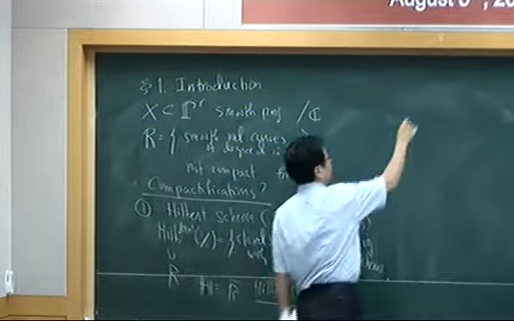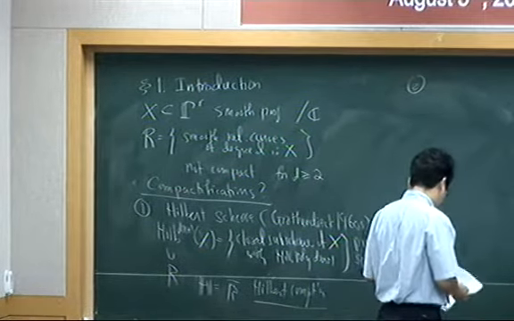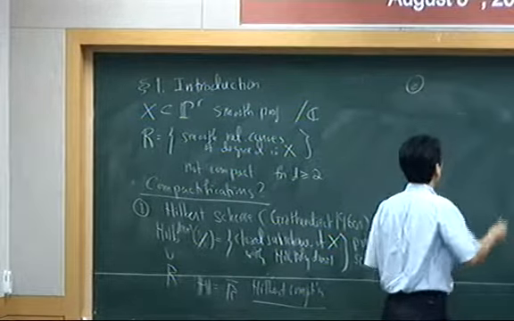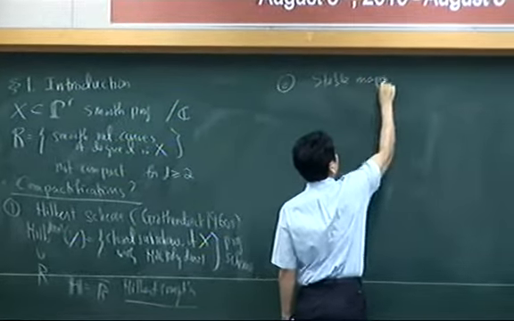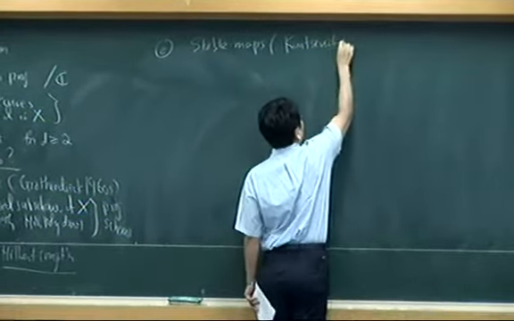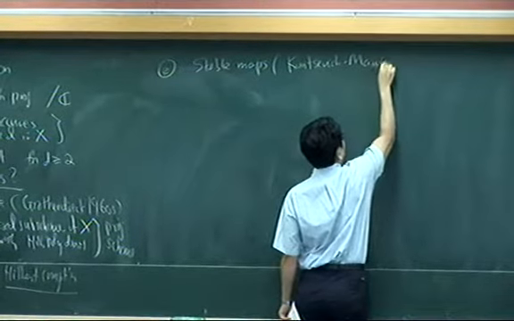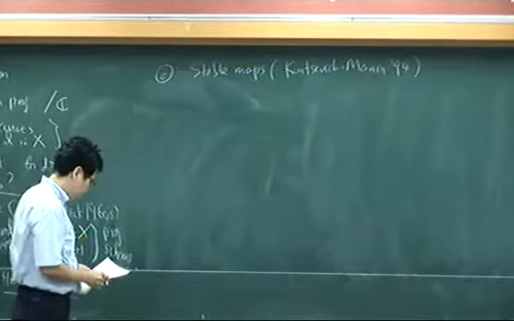Okay, the second compactification, I think second most famous compactification, is the stable map space. I think this is due to Kontsevich and Manin, '94. So what do we do?